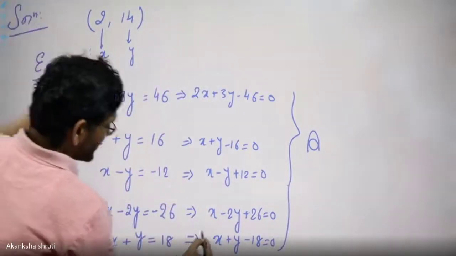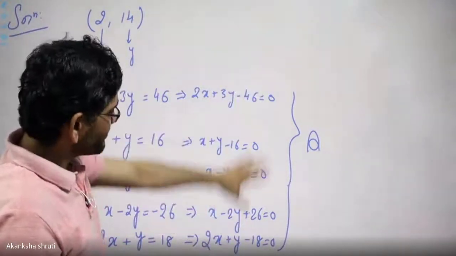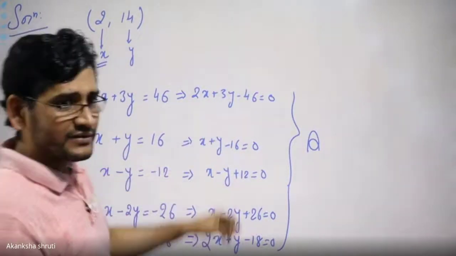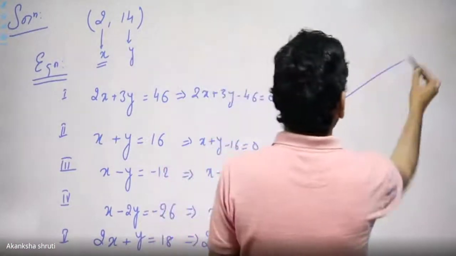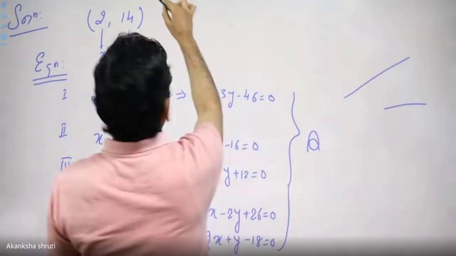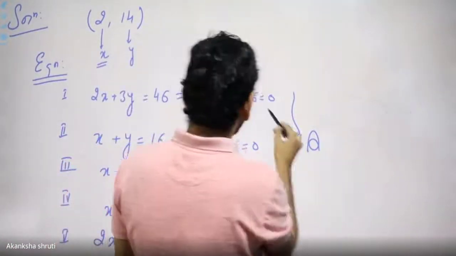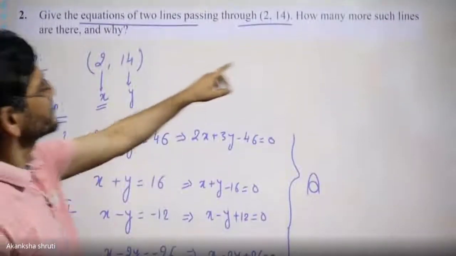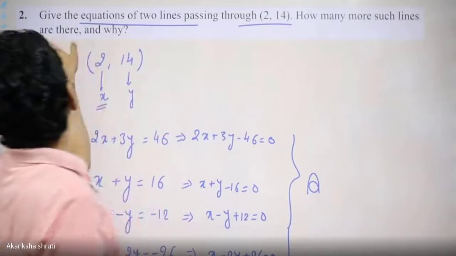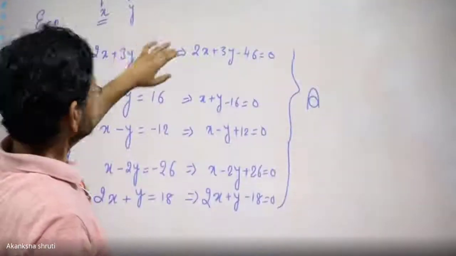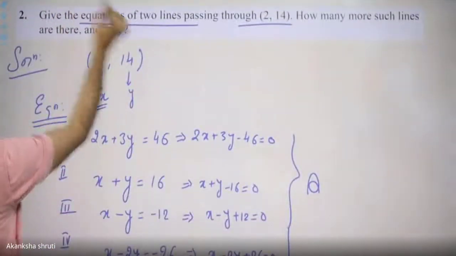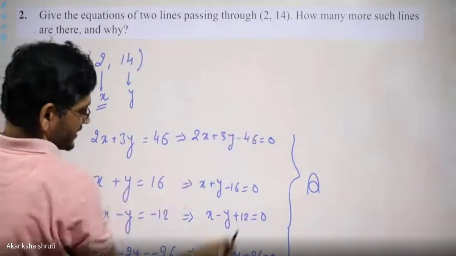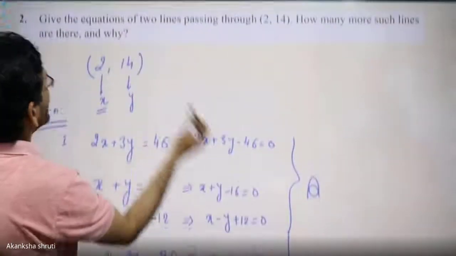So this way, infinite number of lines can be written. A student, line means, do not think just to draw this line, this line. No, in mathematics, line means the linear equation in two variables. So how many more such lines are there? So students, infinite lines. After giving these two equations, even we have written here 5 equations.